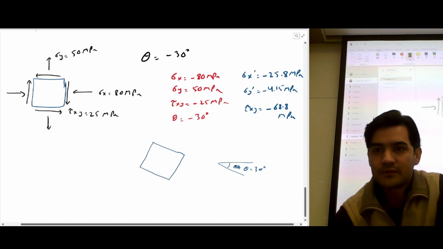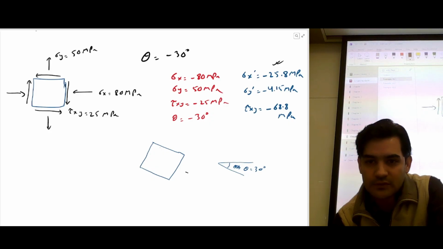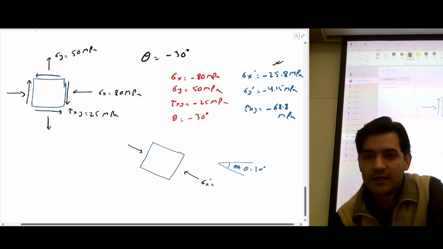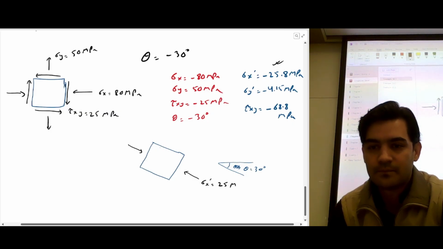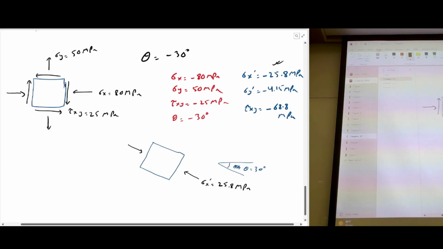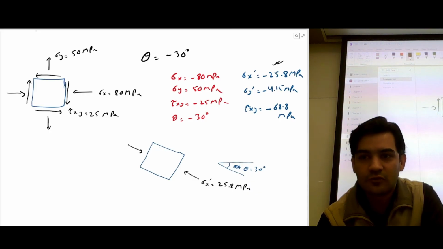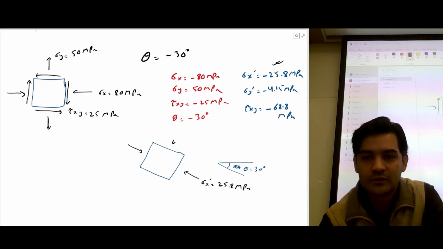So our first stress is negative, right? It's negative 25, so it's a compressive stress. Stress x prime is 25.8 megapascals. So either I can just put negative and make it a tension stress, or make it a compressive stress and use the positive sign. And this is also a compressive force, but it's a very small force.